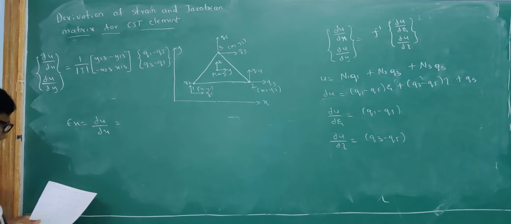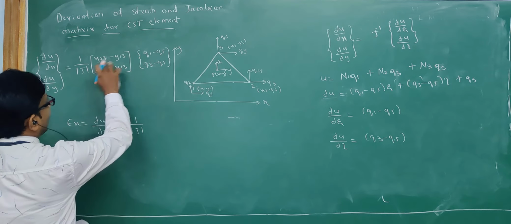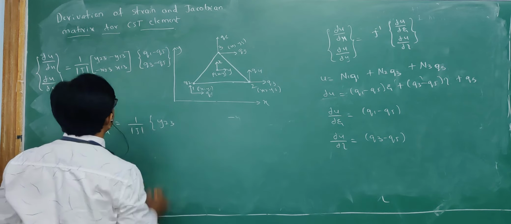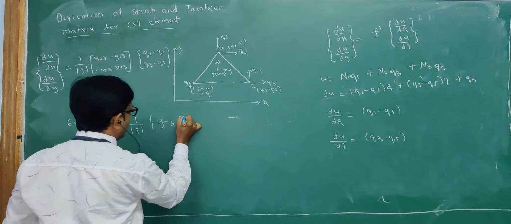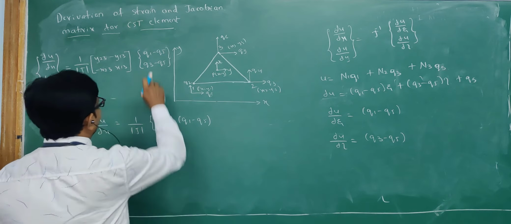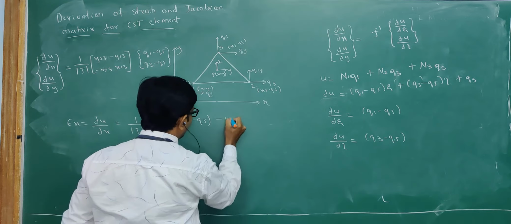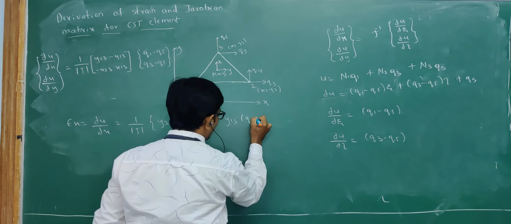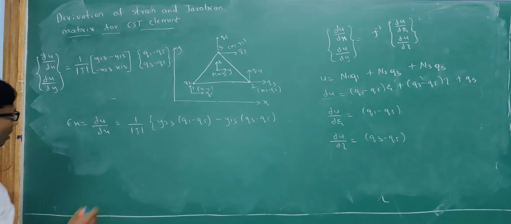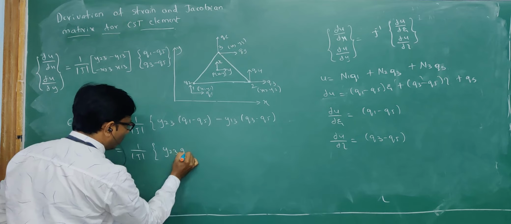So you will be getting 1 upon determinant J, y23 into q1 minus q5, plus, since the minus is already there, minus y13 into q3 minus q5.